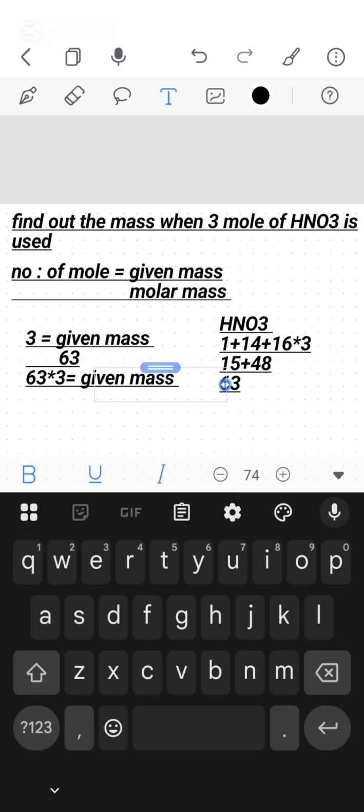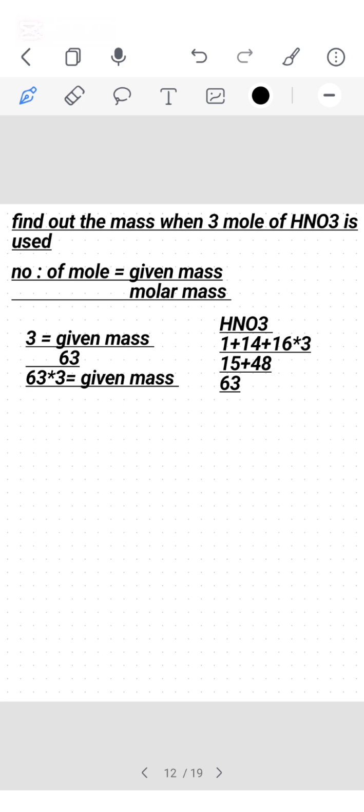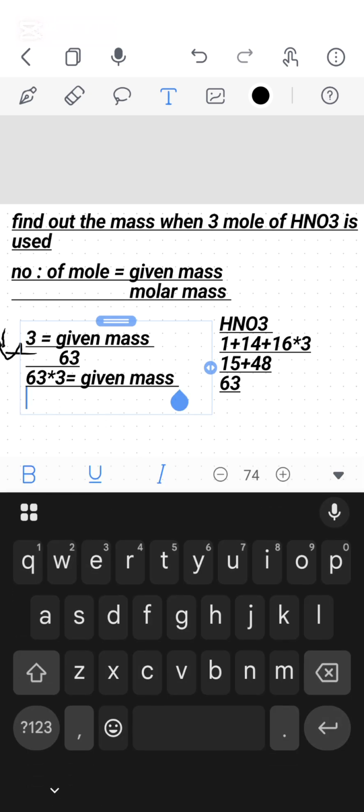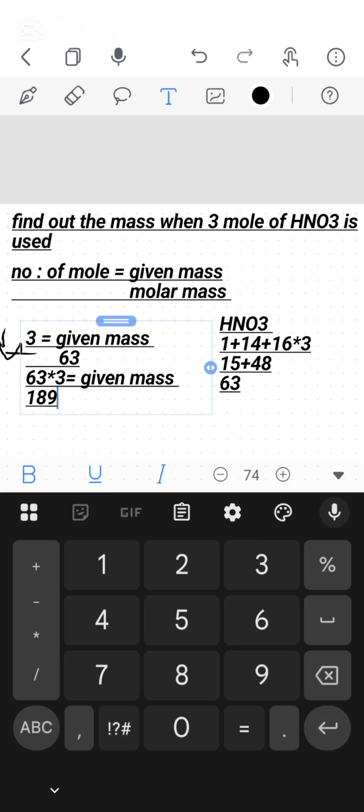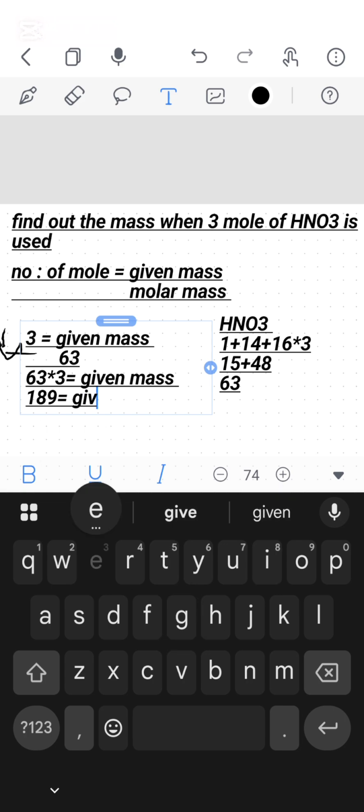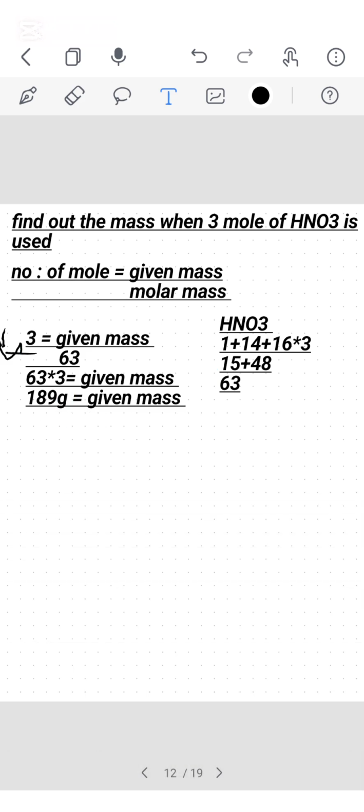What we just did is simply take that 63 and put it over here so that it can multiply with 3, so we can get our given mass. 63 multiplied by 3 would be 189. So 189 is our given mass, and since we are finding the mass, the unit is gram. So I hope this question is clear to you. Now moving towards our next question.